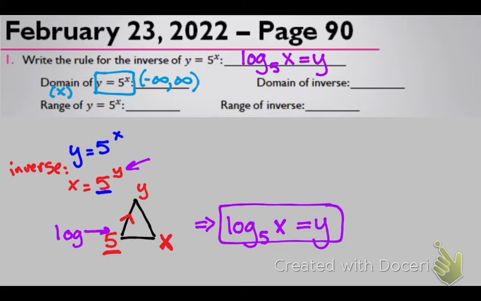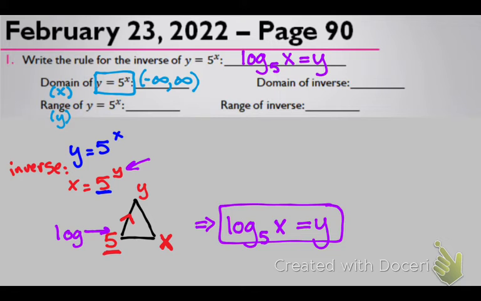What does my range mean? My domain is my x values. My range is my y values. Will I ever get positive numbers when I put something in for x? Yeah, I would get positive numbers. Will I get negative numbers?